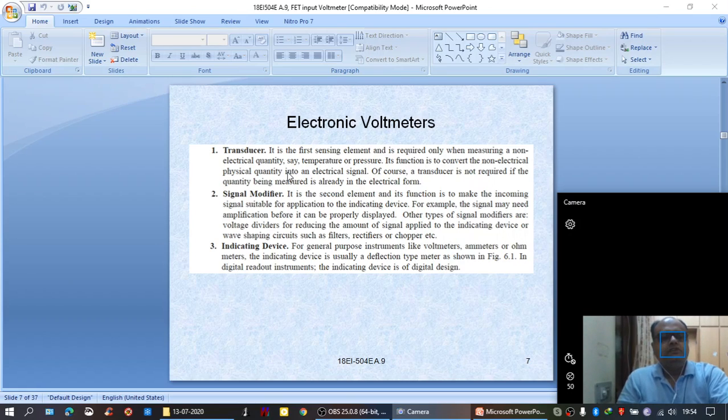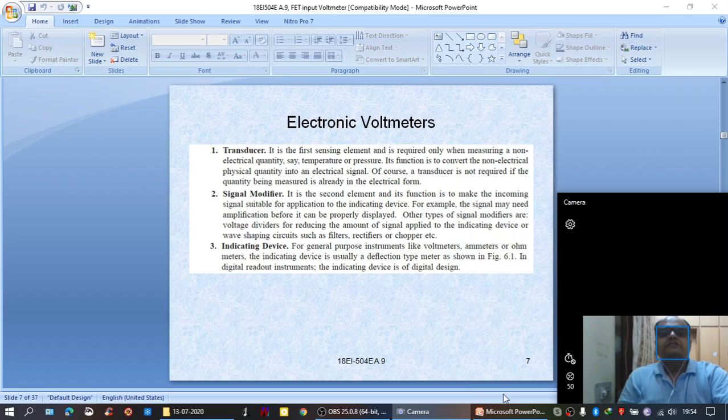When a non-electrical quantity like temperature or pressure or displacement or velocity or acceleration or flow rate, various non-electrical parameters, are to be measured in an industry to assure quality control in the products of the industry, first it has to be converted using a transducer.